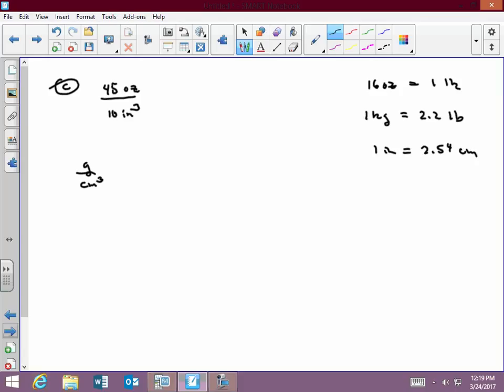So to get our numerator fixed to grams, we're gonna go ounces to pounds, pounds to kilograms, and then kilograms to grams. So there's 1,000 grams per kilogram.